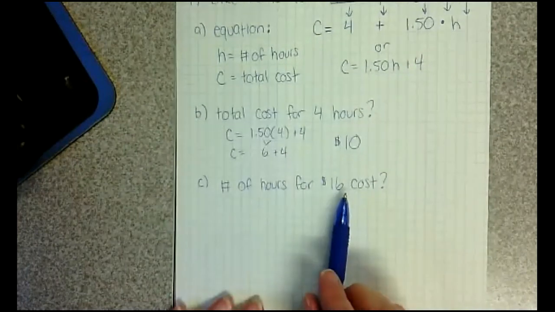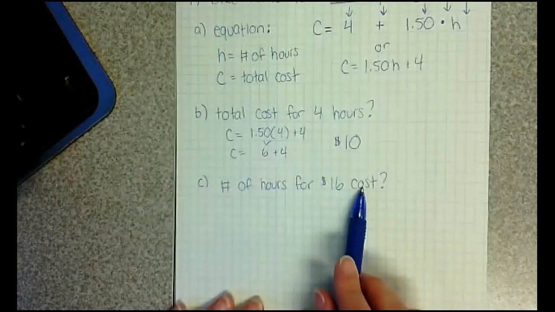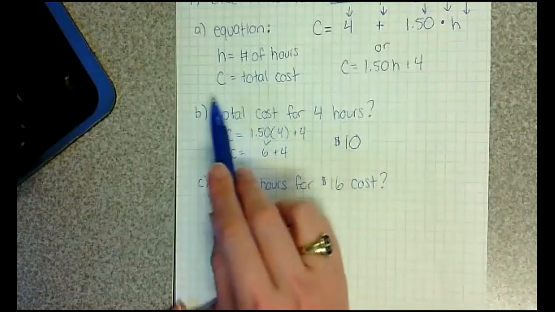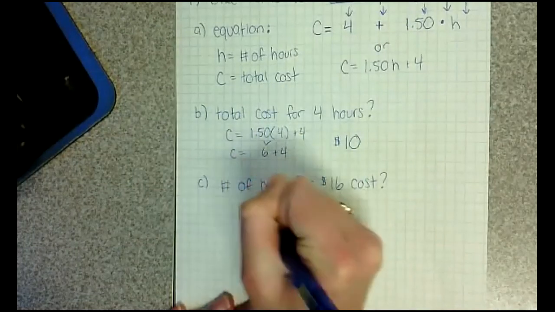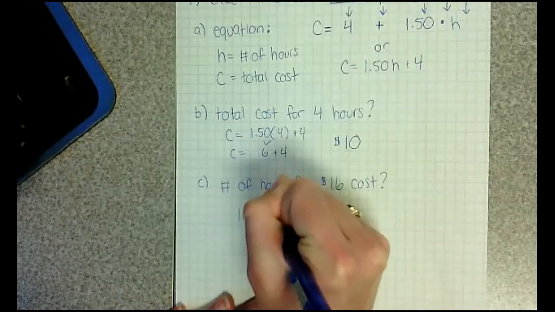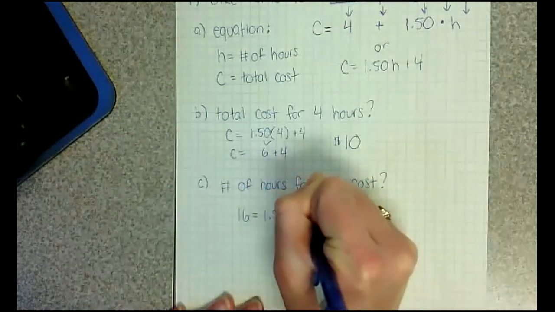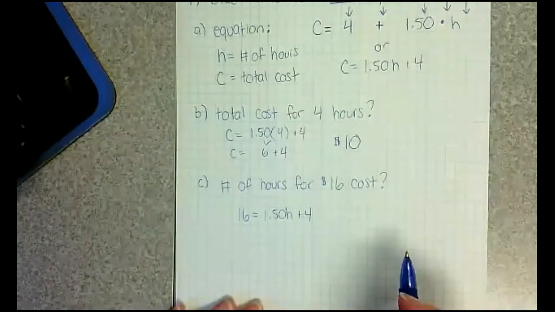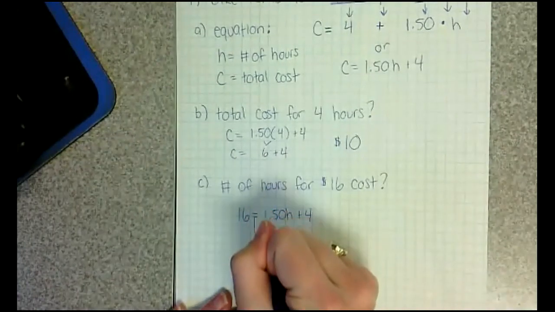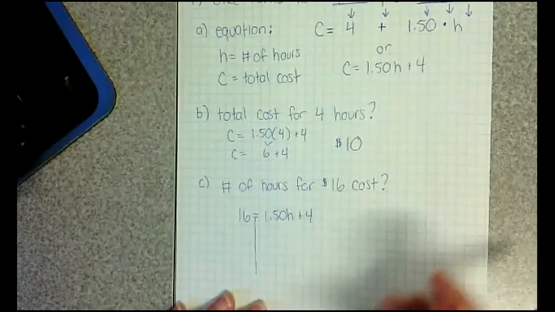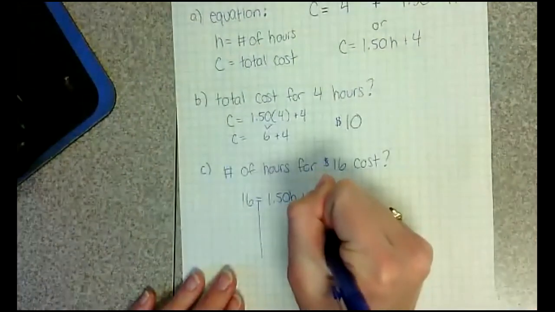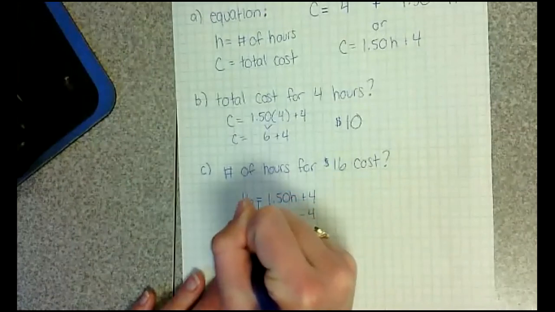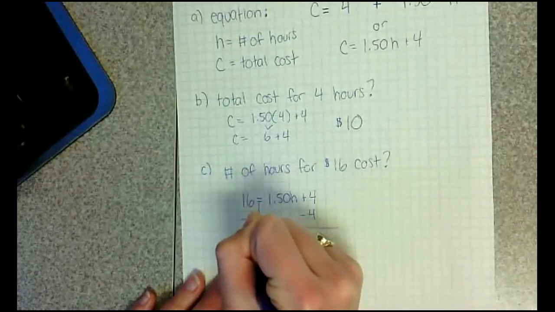So this time, $16, that's my total cost. So that's gonna go in for C. My work then would look like 16 equals 150H plus 4. And from here, we need to solve for H. So I would subtract 4 from both sides.